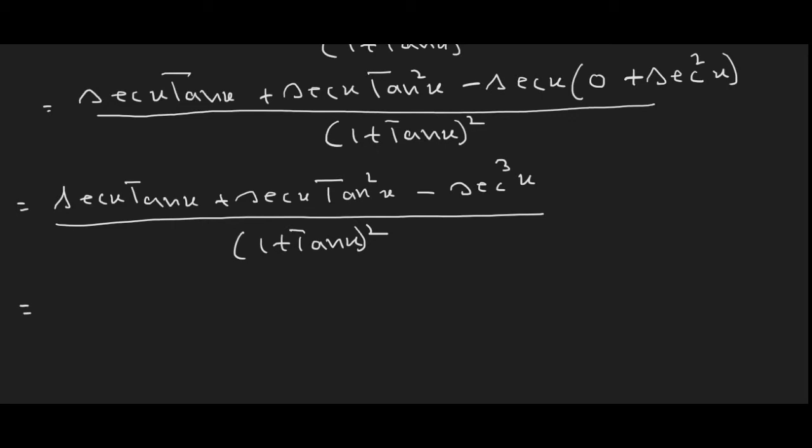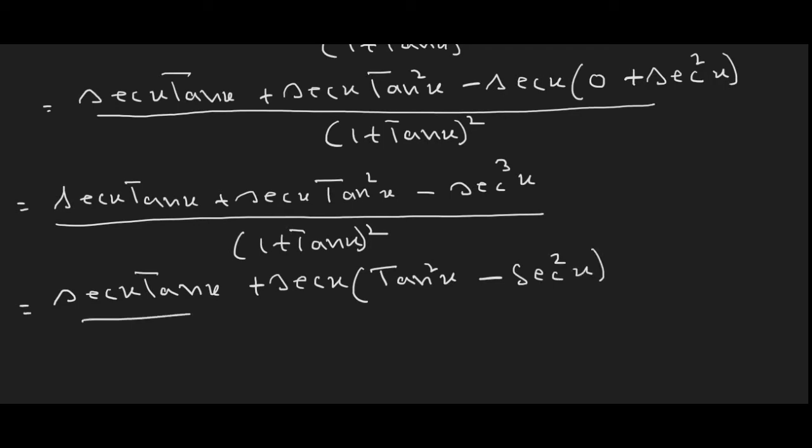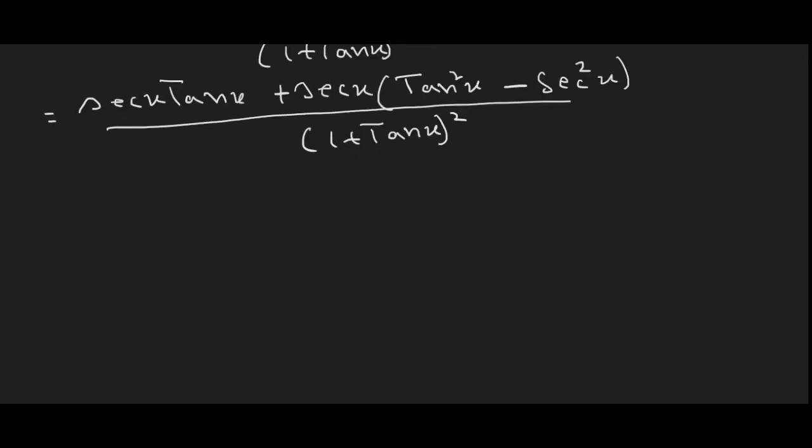Now taking secant x common, secant x tangent x plus secant x tangent square x minus secant square x whole divided by 1 plus tangent x whole square. Now here we have a trigonometric formula which I am going to write: tangent square theta plus 1 is equal to secant square theta.